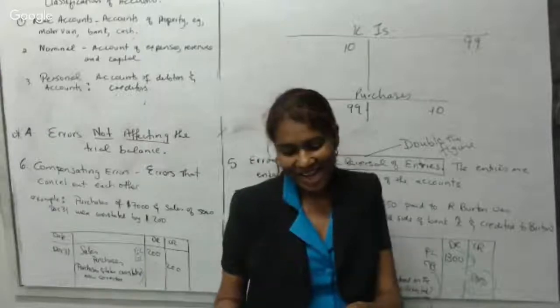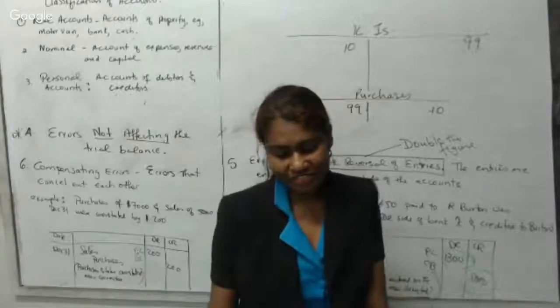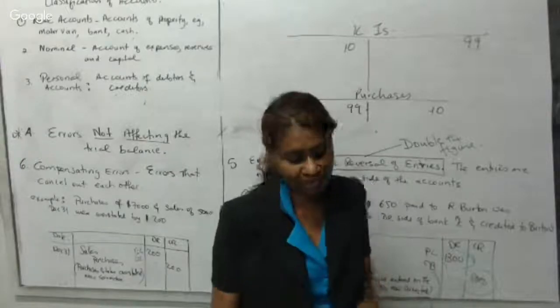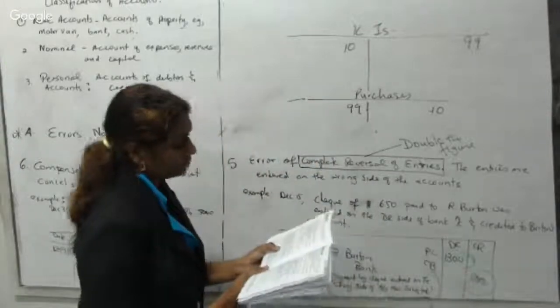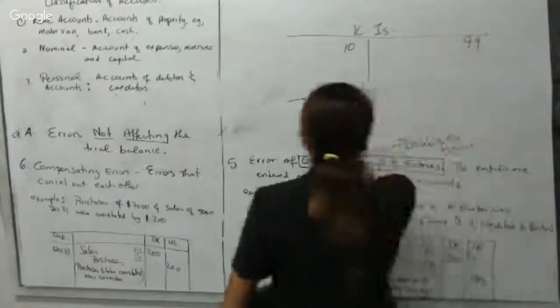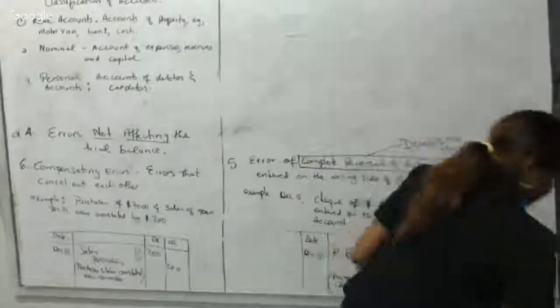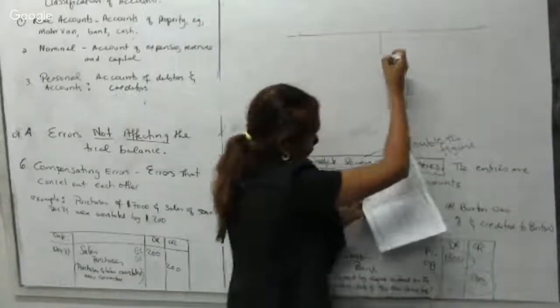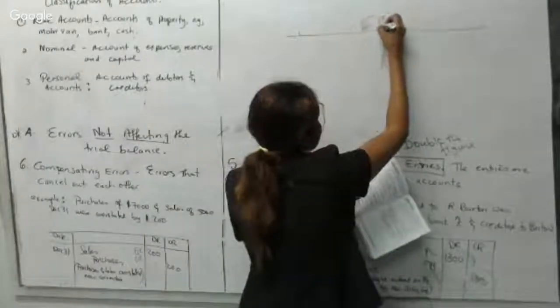Our next one. A sale of 221 to E. Fitzhenley had been entered in the books, both the debit and credit, as 212. Did you recognize this one as another original entry? Original entry. Usually it's better to make the error for these. So we have E. Fitzwilliams and we have sales.